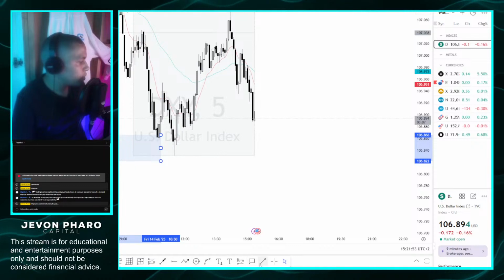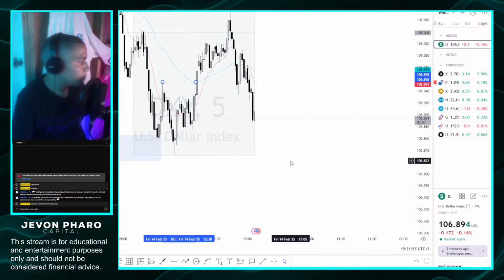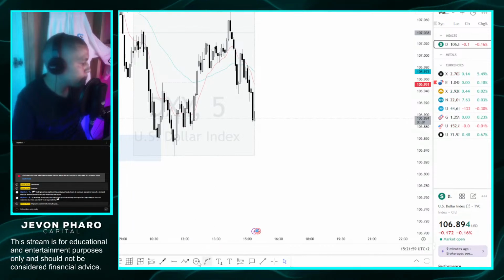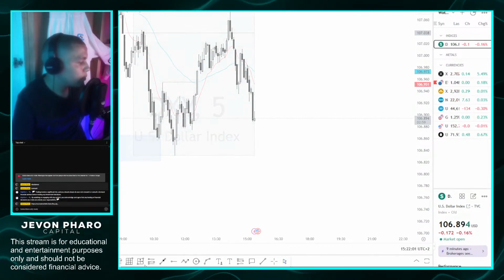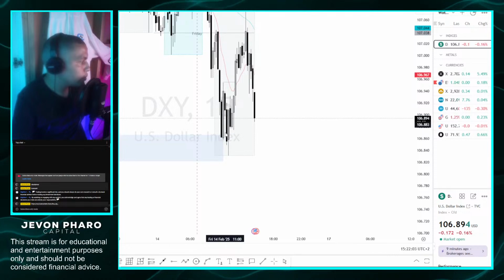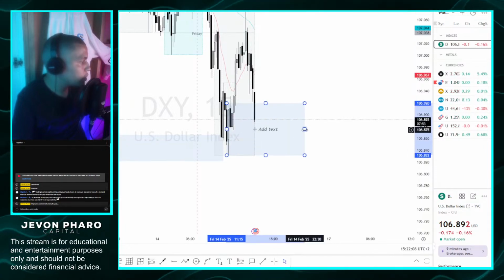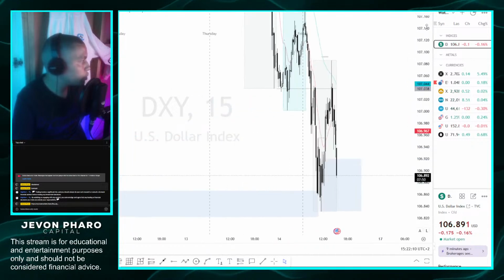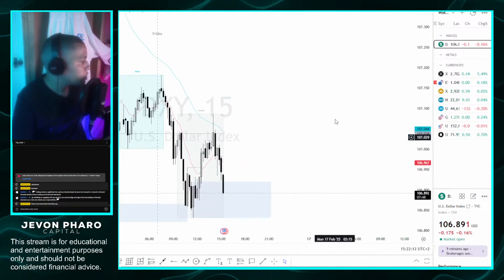It's a break of structure over here. So literally all of this I would consider demand here on DXY. So expect DXY to start pushing towards the upside based on this move.